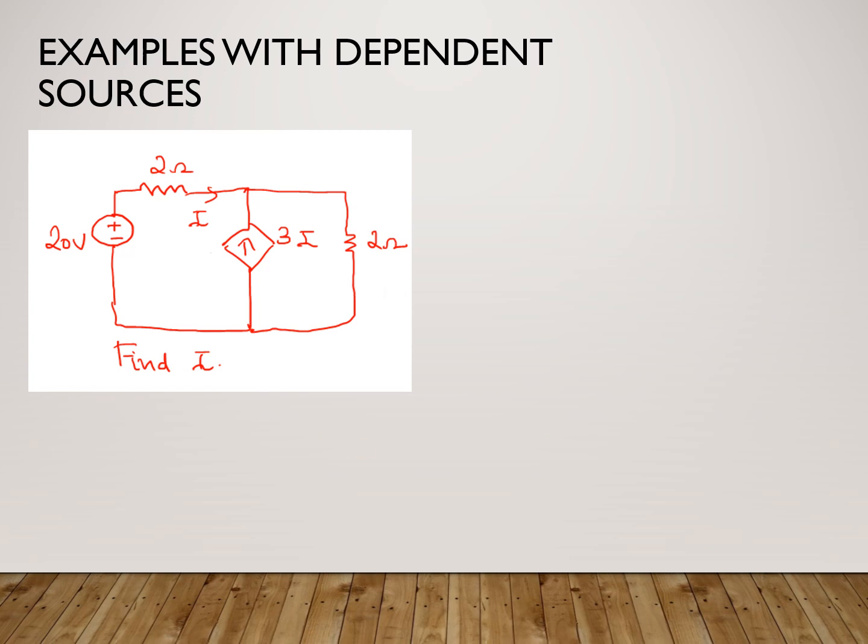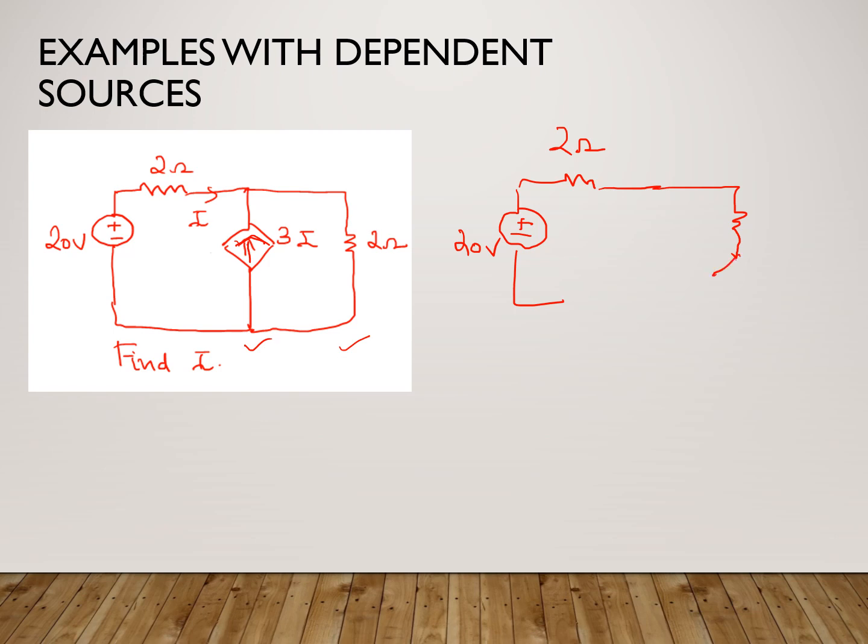So let's redraw the circuit now. I'll keep the 20 volt and the 2 ohm as such. Now the 3i current source and the resistance are going to be converted to a voltage source. See the arrow of the current source, it is pointing upward. The arrow corresponds to the positive polarity.